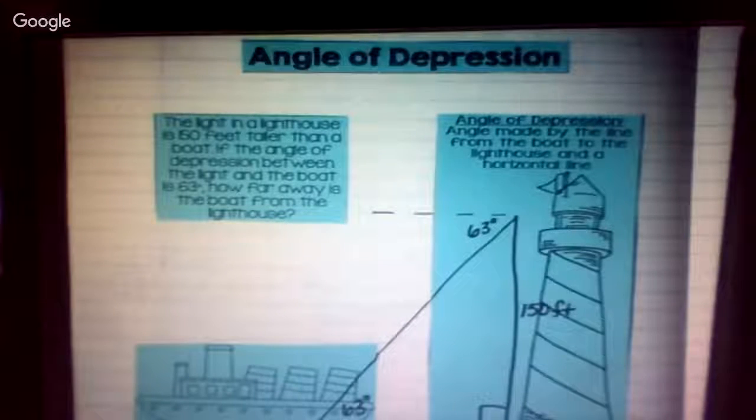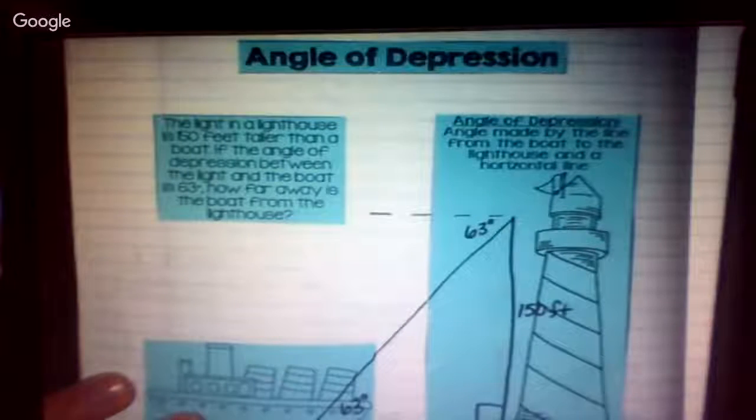How far away is the boat from the lighthouse? Am I looking for the hypotenuse, my diagonal side, or my leg at the bottom? I'm looking at the leg at the bottom. That is your distance between the boat and the lighthouse.